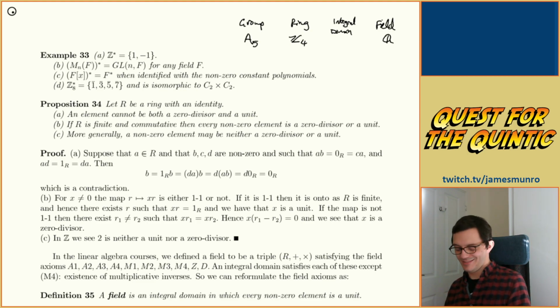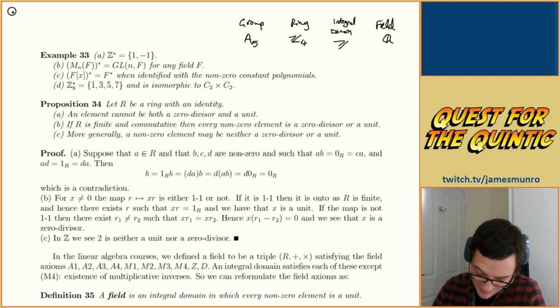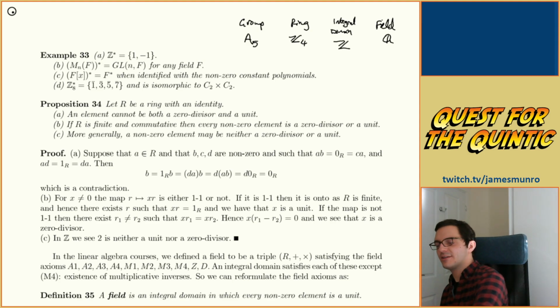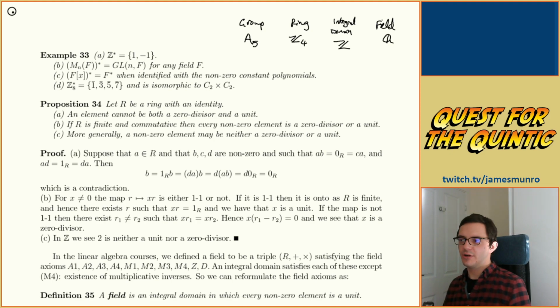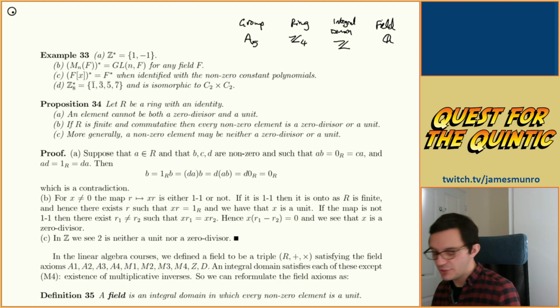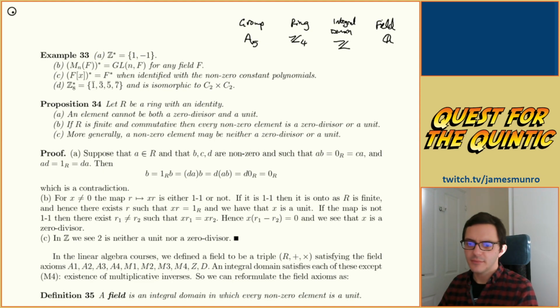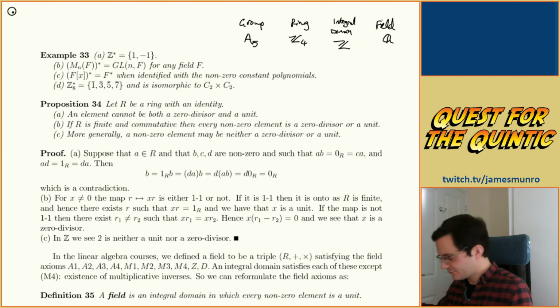Z. Integers are an integral domain because you can't get 0 when you multiply them, but it's not a field because you can't divide. Good. Okay. So field down there, every non-zero element is a unit.